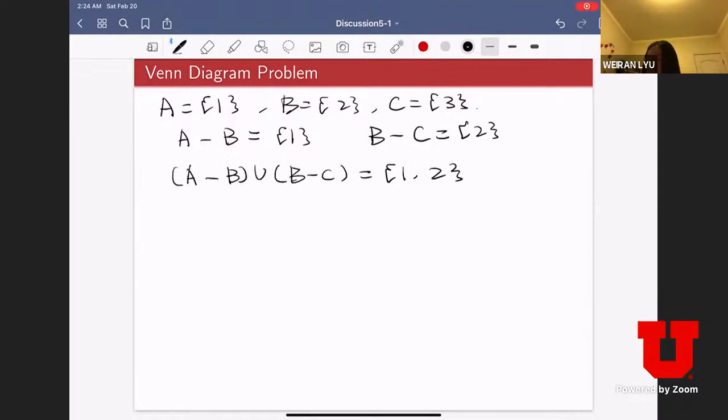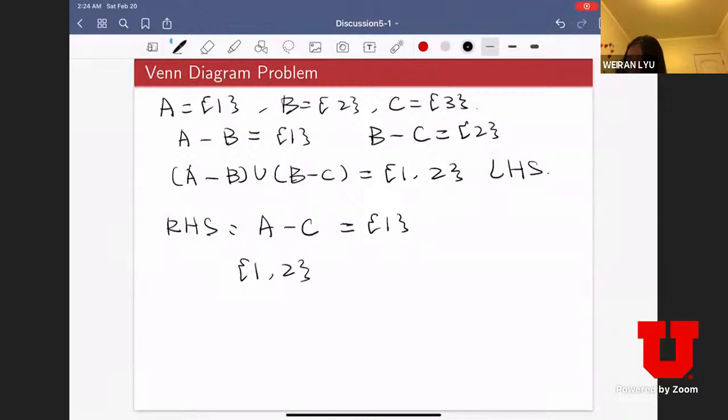So the set contains elements 1 and 2, and this is our left-hand side. And then for the right-hand side, we have A subtract C, which in this case is just the set containing element 1 itself. And then clearly you can see that the set {1, 2} is not a subset of the set containing only element 1. And this is how you give your counterexample.